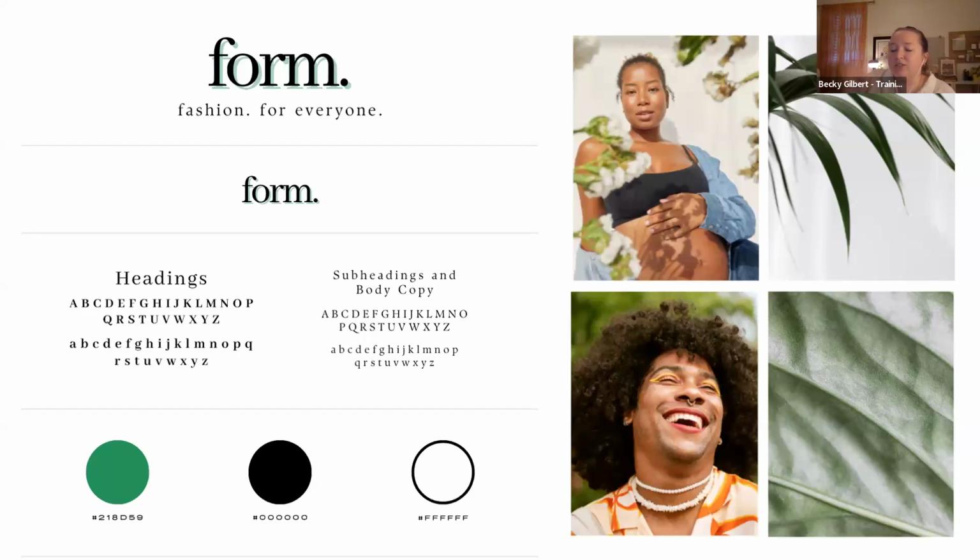As soon as you pull together more than 4 or 5 images, you'll start to see trends. If I Googled upscale luxury boutique or ethically made, these are the images that come up, and I immediately see trends of green, clean, crisp. I love building a mood board to look at what is really coming out when you input your values into the internet.